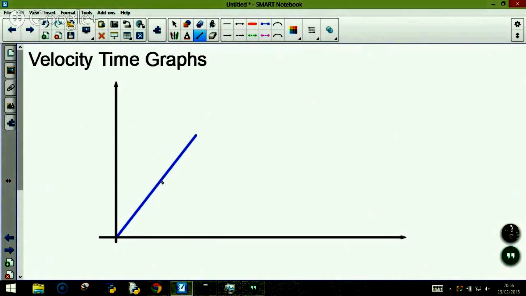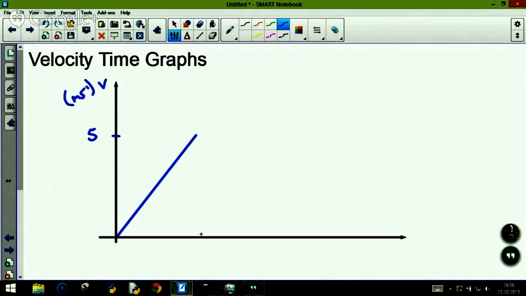Now, on a velocity time graph, if you look at this situation here, something, you could say a car has accelerated up to 5 meters per second, and it might have taken it 2 seconds.